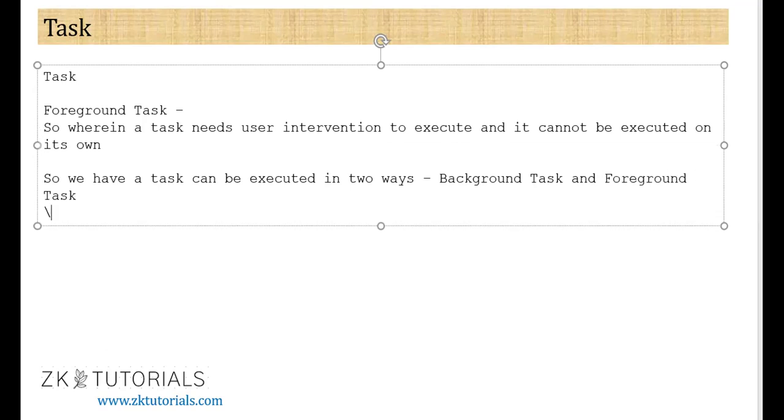The background task is a task which does not need any user intervention, and the foreground task needs user intervention to execute it. So these are the two types of executing a task. Is this clear, guys? This is very, very important for your interview perspective.